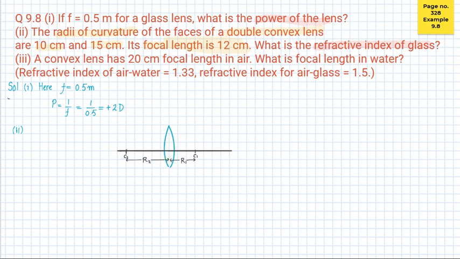Okay, so next they have given, if this point is where the light intersects after refraction, this point is your principal focus. Then this distance is your focal length. Fine. And they have asked you to calculate its refractive index.